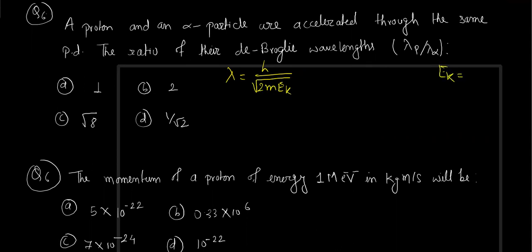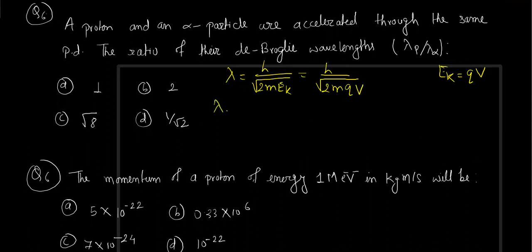Kinetic energy equal to Q times V. For electron, we have to replace this Q by e, and for another charged body, we just have to write here Q. Well, this will be h by root 2mQV.